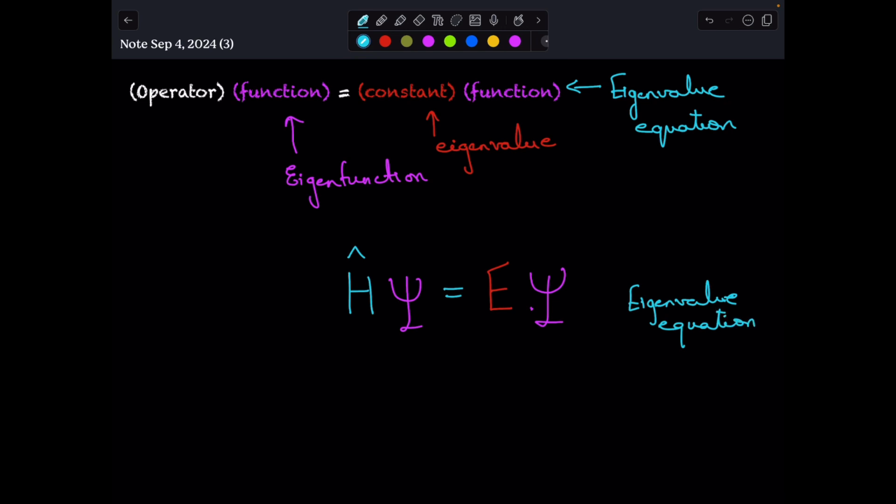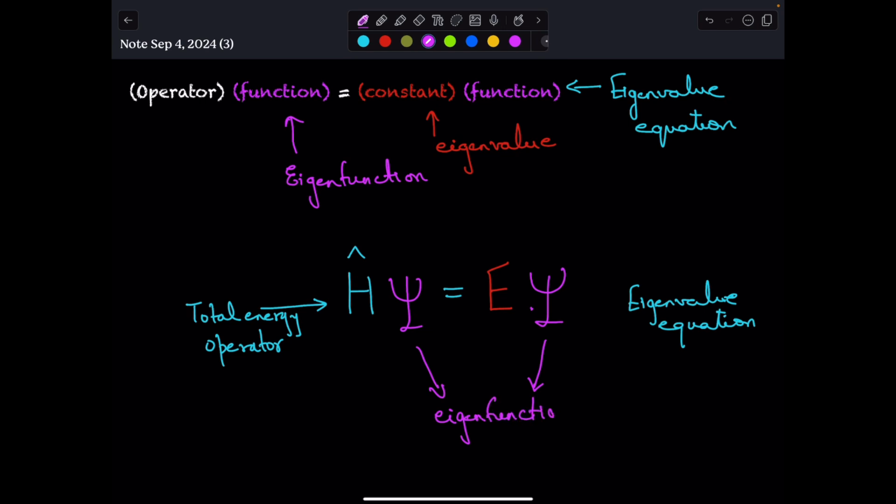In this equation, the Hamiltonian is the total energy operator, xi is the eigenfunction, and E is the value of total energy.